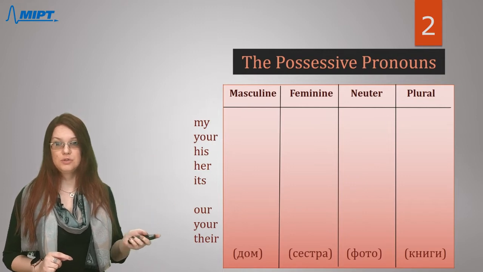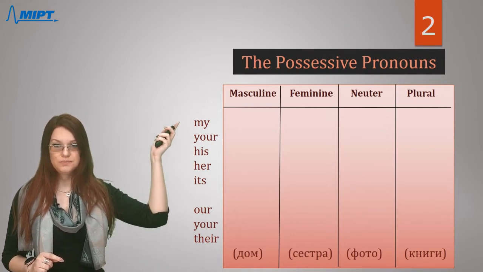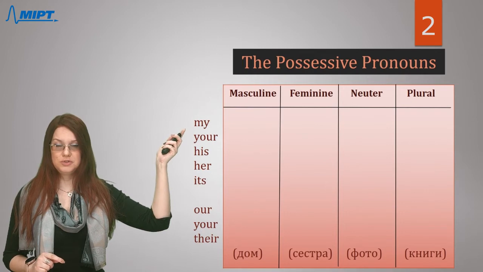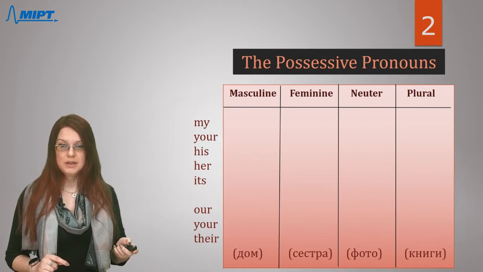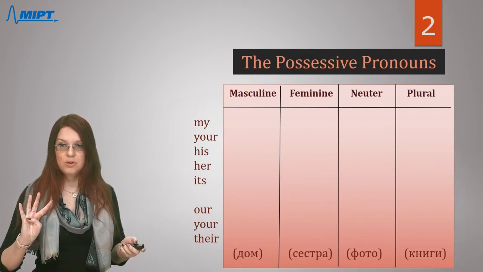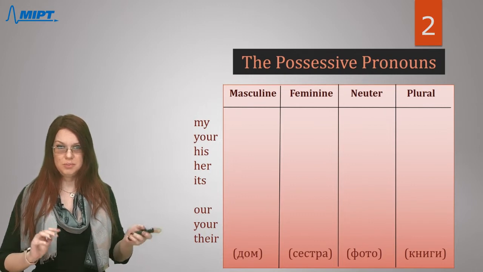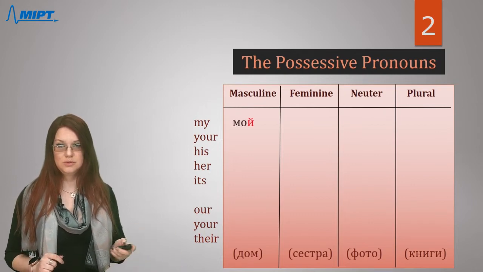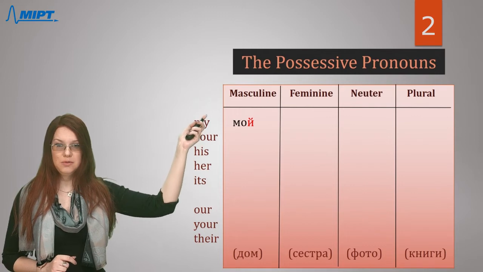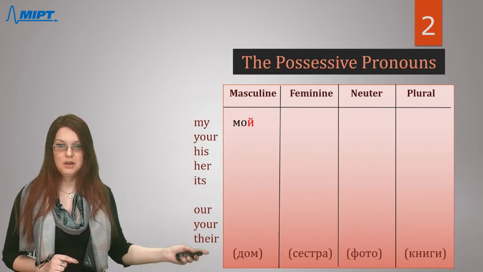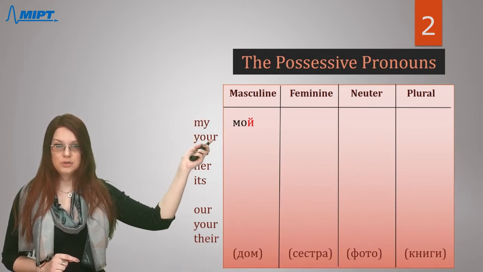And now I'd like to show you these forms. So, if in English we want to say my, so in Russian we have 4 forms. These forms depend on nouns. My for noun which is masculine will sound like мой.